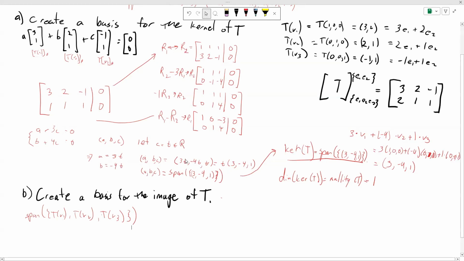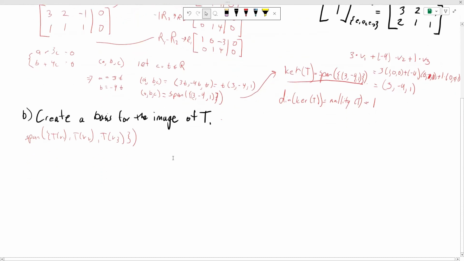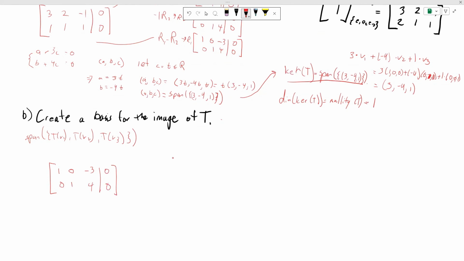And as we explored before, if we look at the row reduced echelon form of our linear combination, removing any vectors corresponding with a free variable allows us to create a basis.